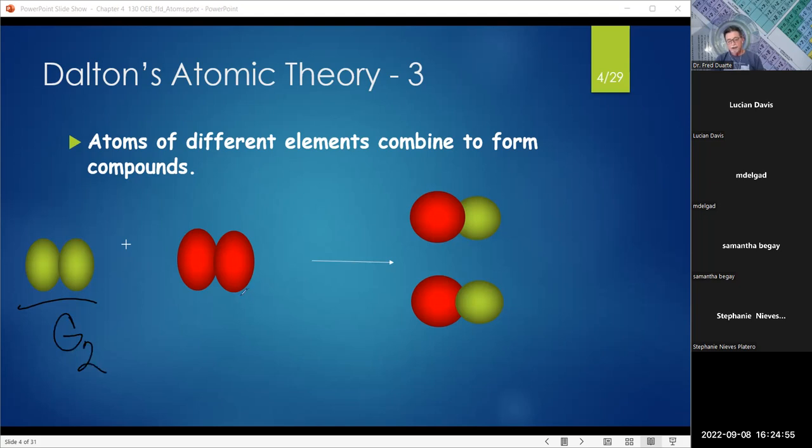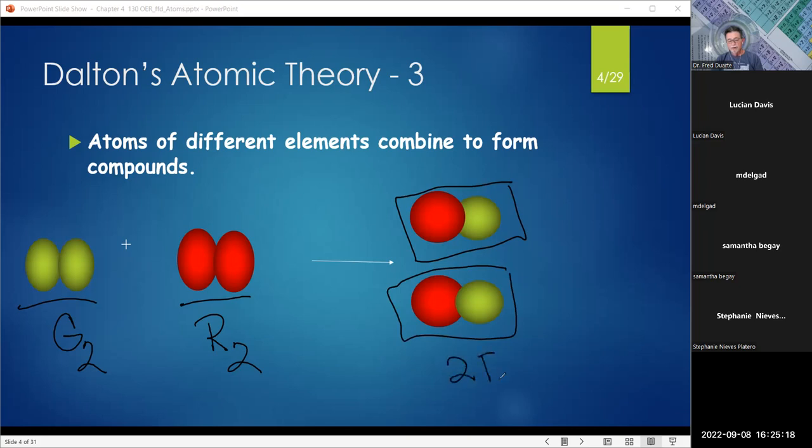And then it's going to react with two red elements, also diatomic. And then they're going to react to form two separate compounds with two different elements. So we have two compounds, and I'm just going to call that 2RG. R and G just represent some atoms that combine.